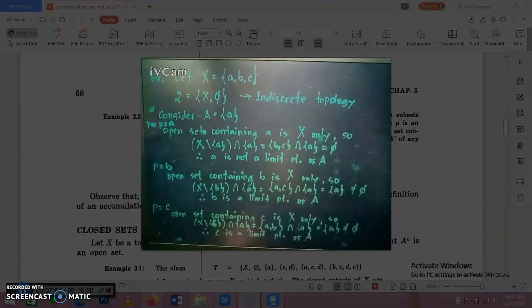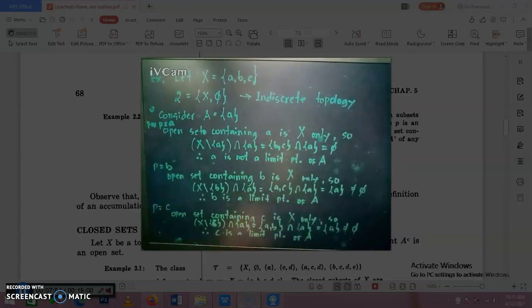Now to find the accumulation point of A, we will use the definition in which the deleted neighborhood of a point P intersection A should not be empty.